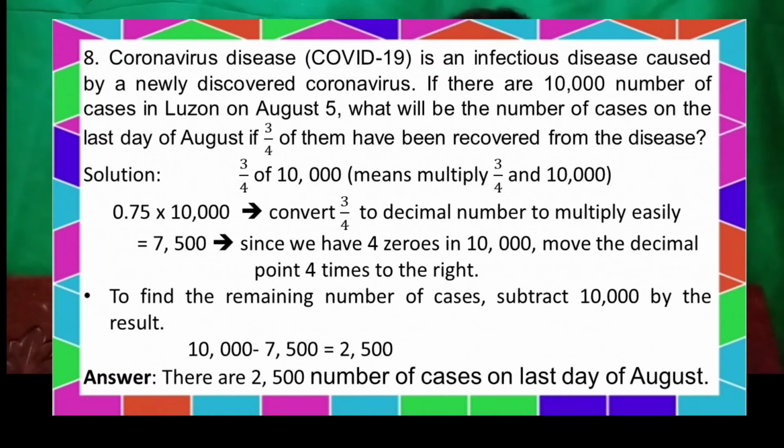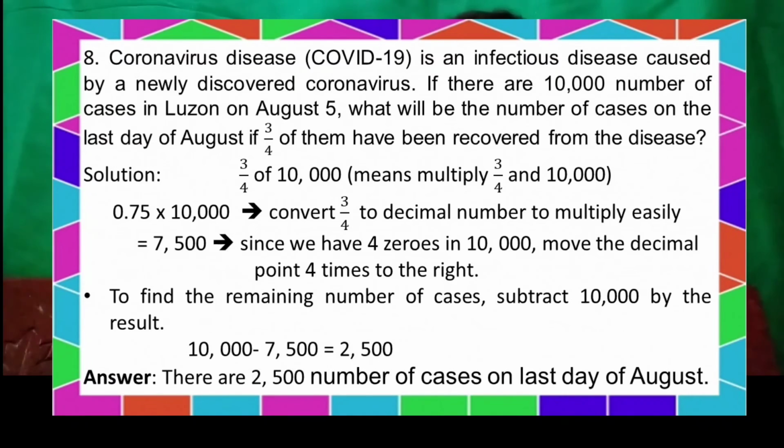Okay, so the problem to be solved here is the number of cases on the last day of August if 3/4 of the number of cases in Luzon on August 5 have been recovered from the disease.